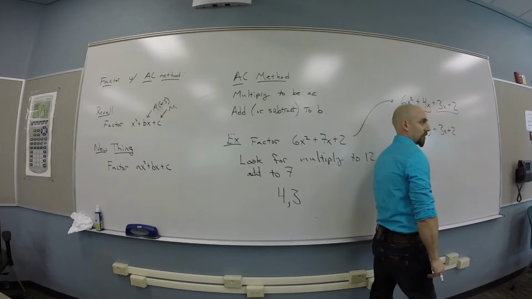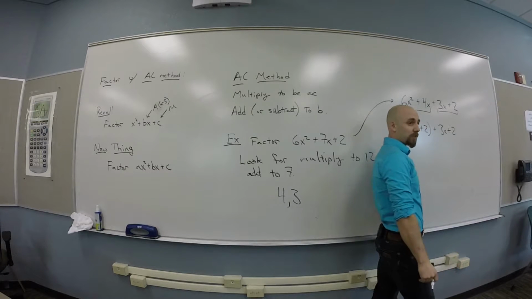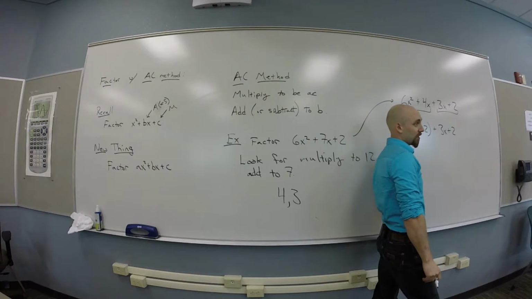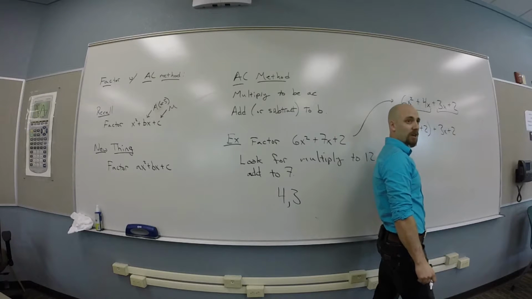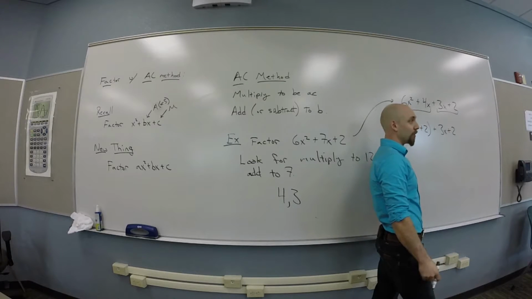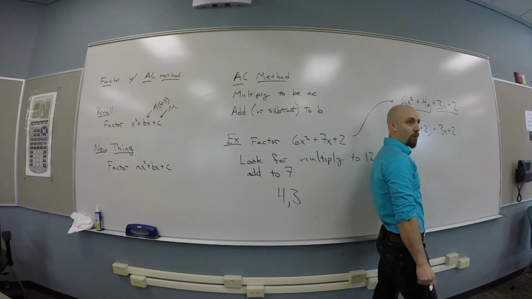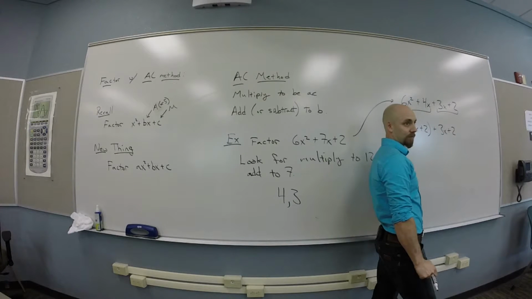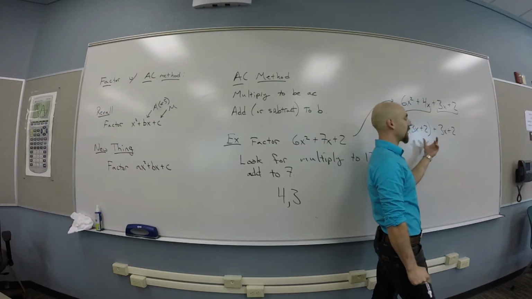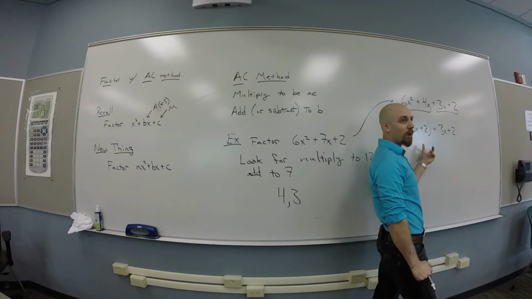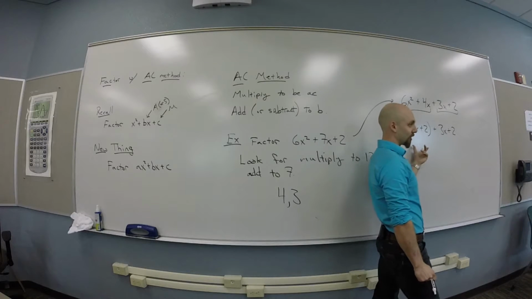You guys see this? This is something that your book calls factor by grouping that I didn't teach you at the time because I feel like factor by grouping is really part of this. Factor by grouping is usually super awkward, but it happens to be the thing you want in the AC method. Your book teaches it on its own, and I don't want you to even know that this is a technique on its own.